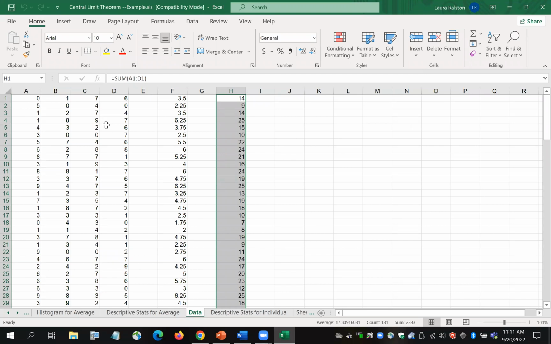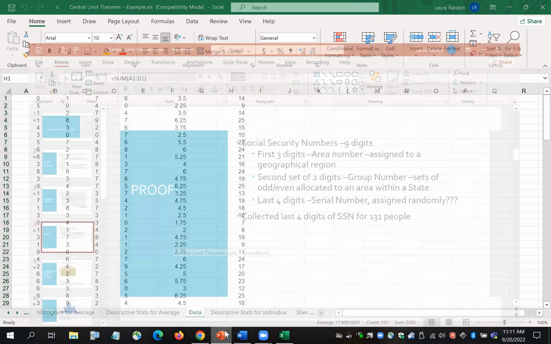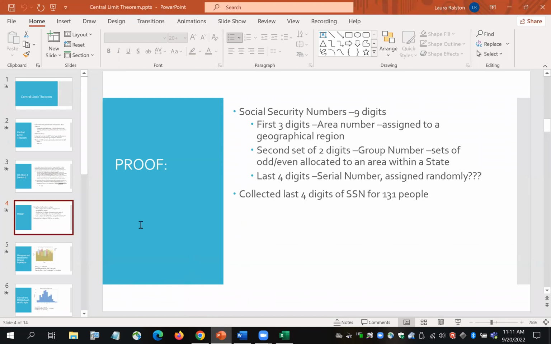So 131 people, 4 numbers from each. So I'm selecting a sample of size 4, because I have 4 numbers. So 131 people, 4 numbers each. That's like 532, I think. I've got it on the next slide.